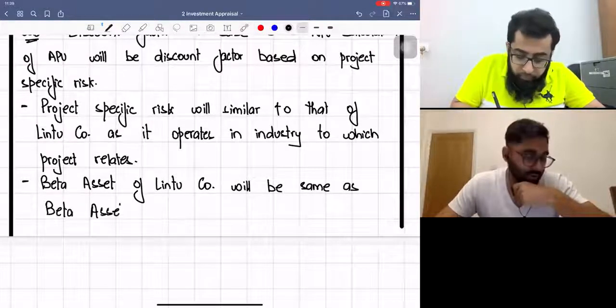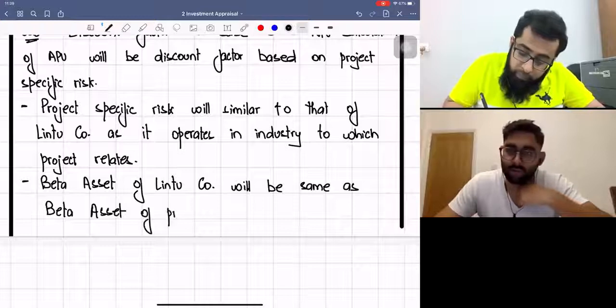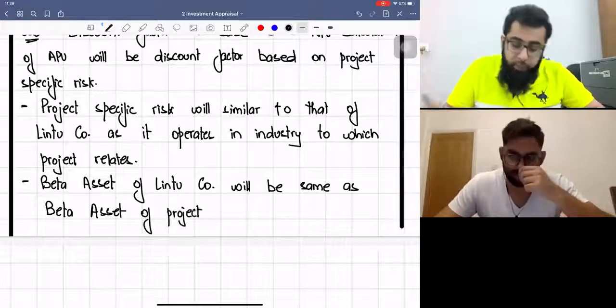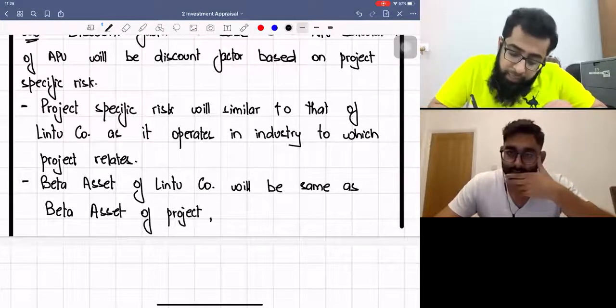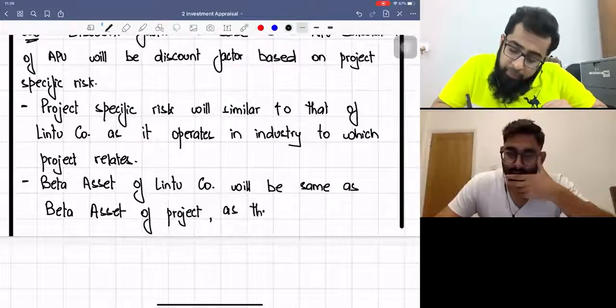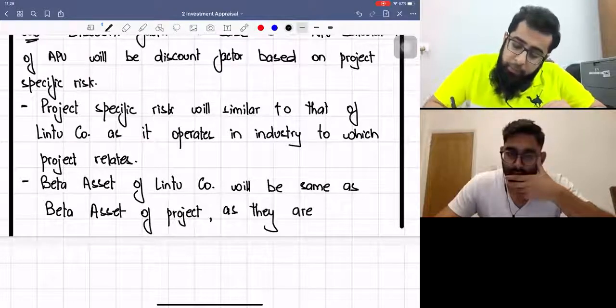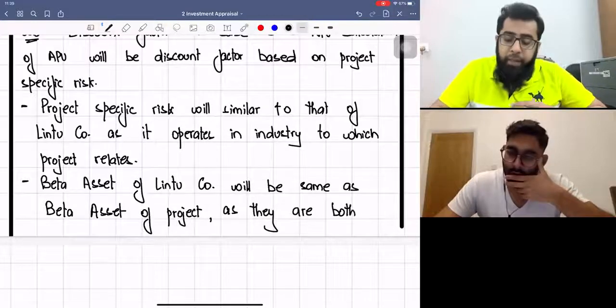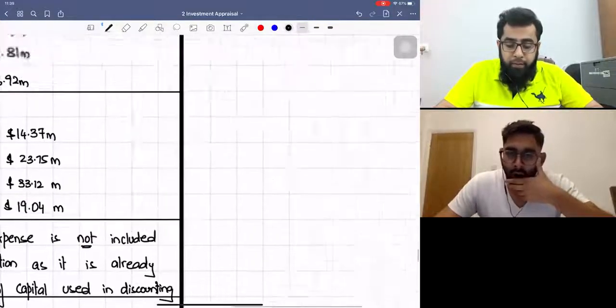So we've got to use the formula, beta asset equals beta equity, all that big old formula. Yes, it will be the same as the beta asset of the project, as they both are in the same industry and carry similar business risk.